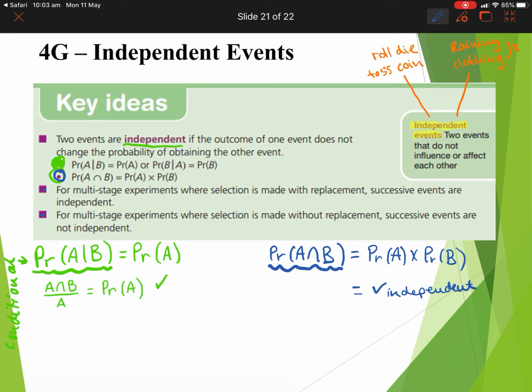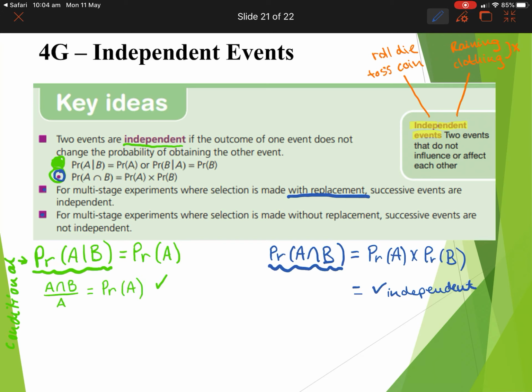These next couple of points: for multi-stage experiments, so that means more than one, where selection is made with replacement, successive events are independent. When you've got more than one thing happening, as long as you're replacing, the successive events will be independent.